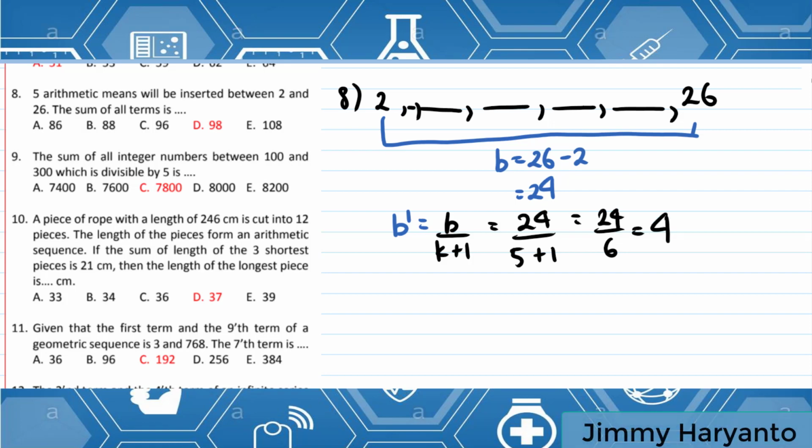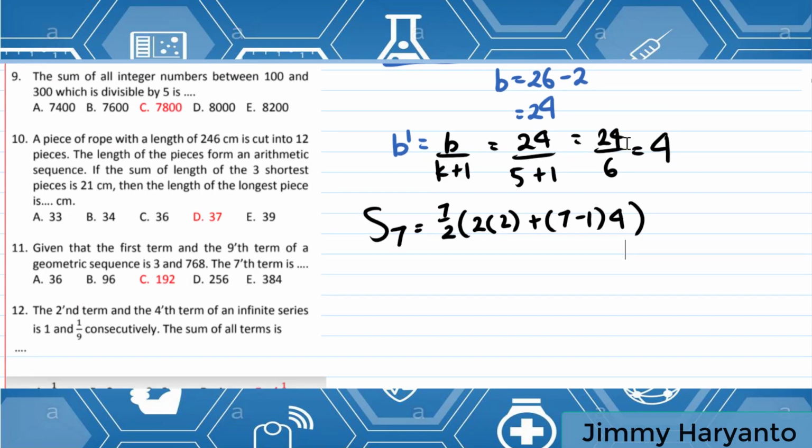And then the question is the sum of all terms. How many terms are there? 1, 2, 3, 4, 5, 6, 7. So the question is S7. S7 equals 7 over 2 in the bracket 2 times A, which is 2, plus n minus 1, 7 minus 1 times b. B is 4.